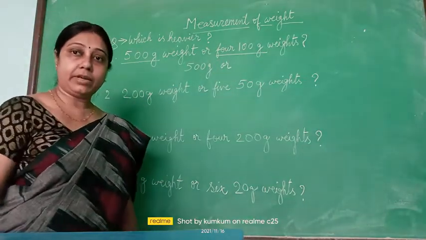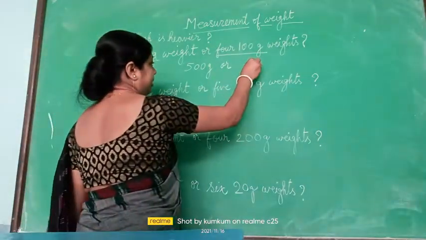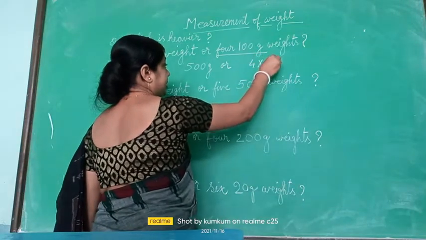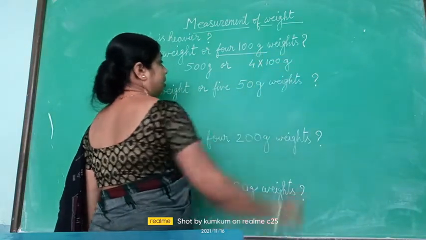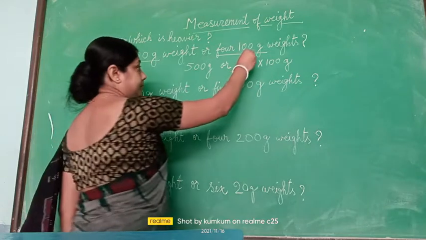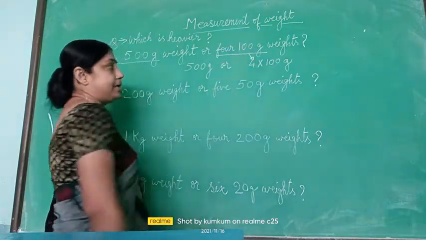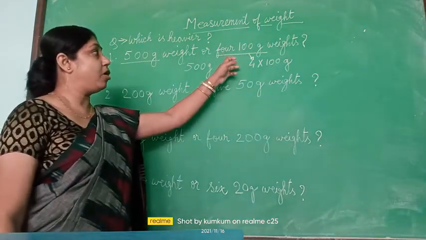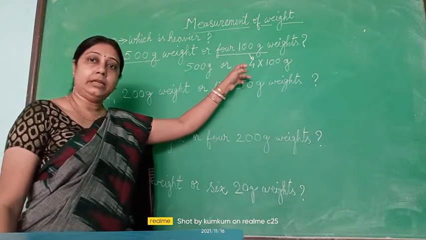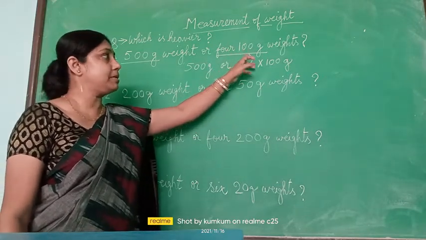We can break it and find out 400 gram means 4 into 100 gram. We are breaking it like this to make you understand. That means, you can tell 4 times 100 gram.